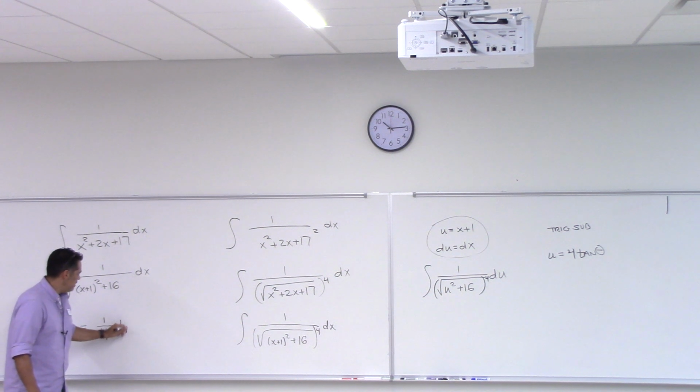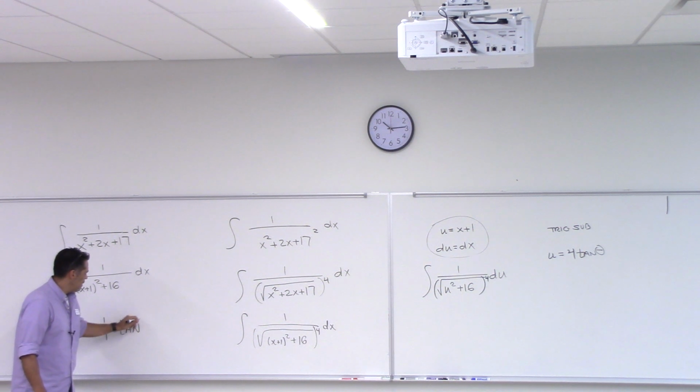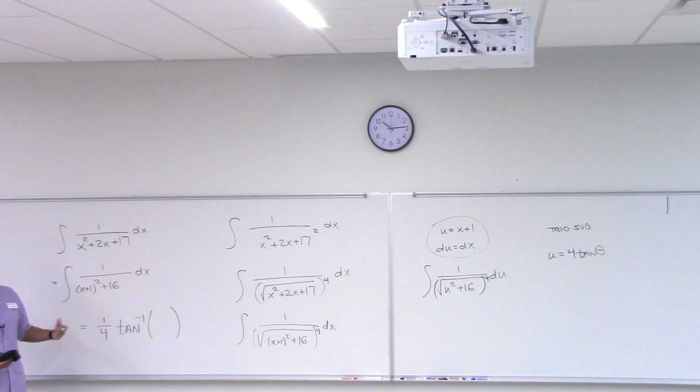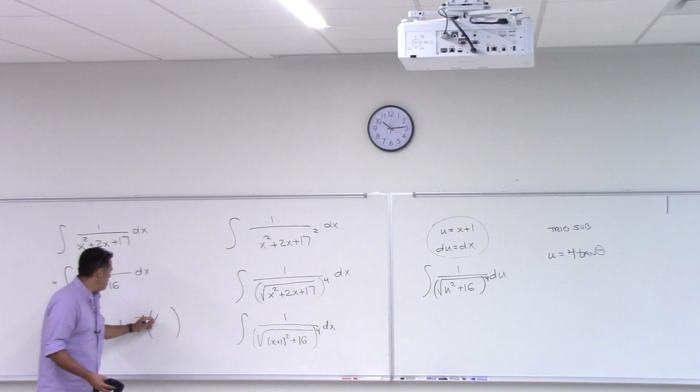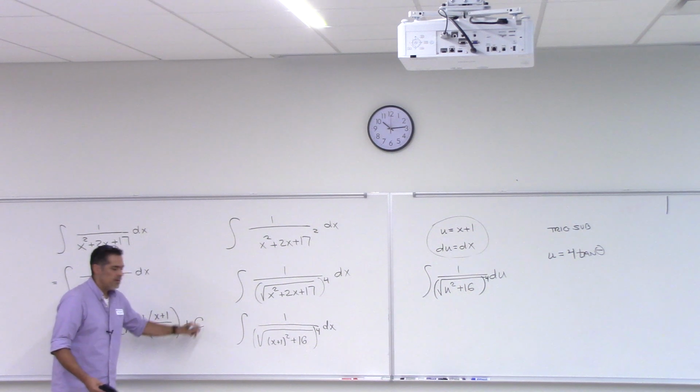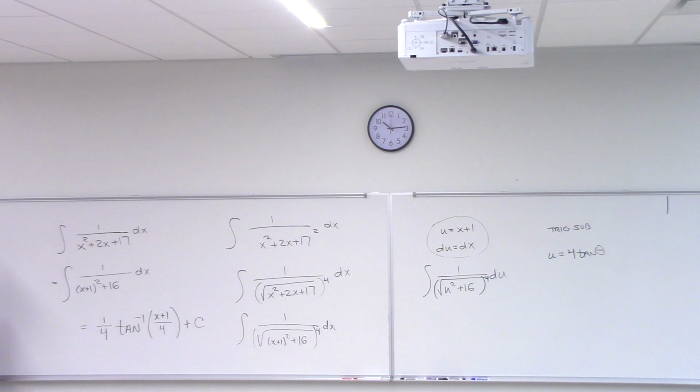Inverse tangent of u over a, but in this case, u for us would be that linear expression. So x plus 1 over 4, plus c. Is that all right? That's it.